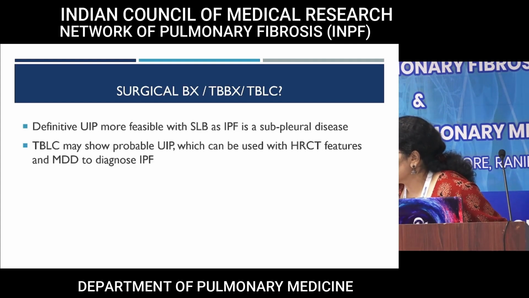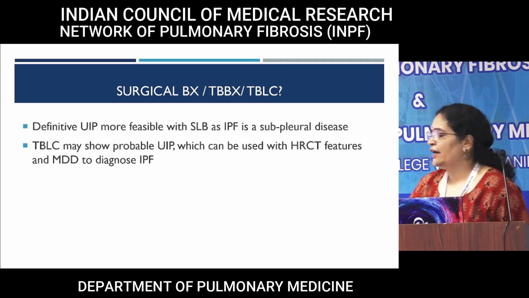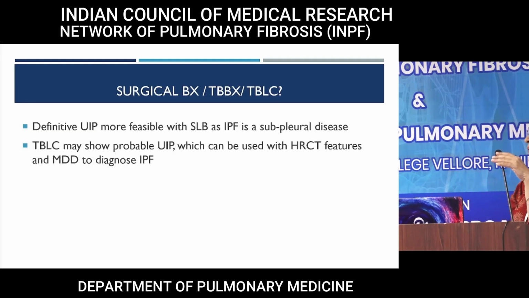So what are we seeing? Are we seeing subpleural predominance, or is there an apicobasal gradient? Is there honeycombing? Honeycombing is there, and anteriorly and posteriorly also some cysts are there, but predominantly it is only on the right side.